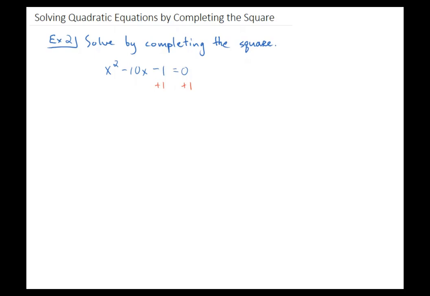So when I add the 1 to both sides of the equation, what I end up with is x squared minus 10x equal to 1. And I left a little space there because, like I said, we're going to figure out what goes in that blank like we did in the previous example, when we were figuring out what number it'd take to make it a perfect square trinomial.